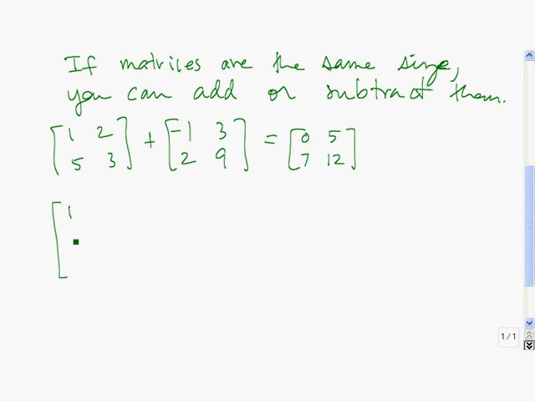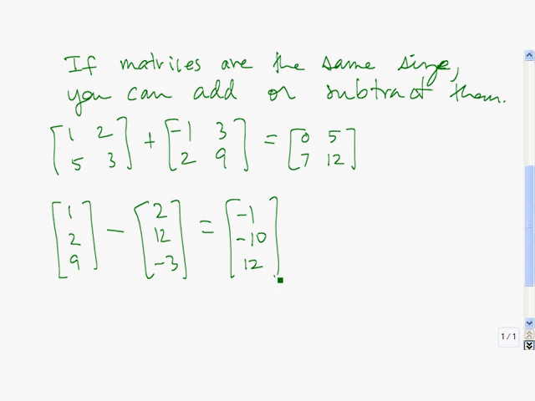So if I have 1, 2, 9, which is a 3 by 1 matrix since I have 3 rows and 1 column, minus 2, 12, -3, I get 1 minus 2 is -1, 2 minus 12 is -10, 9 minus a -3 is 12.